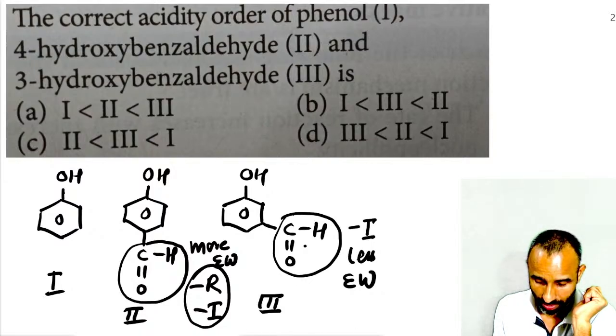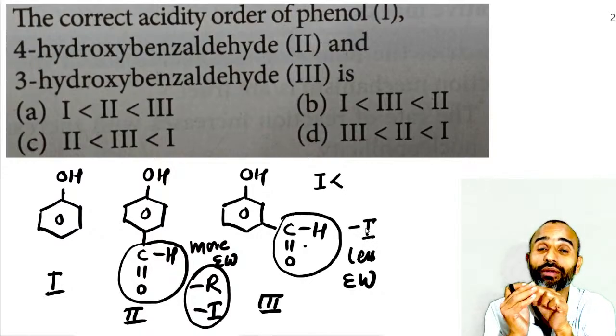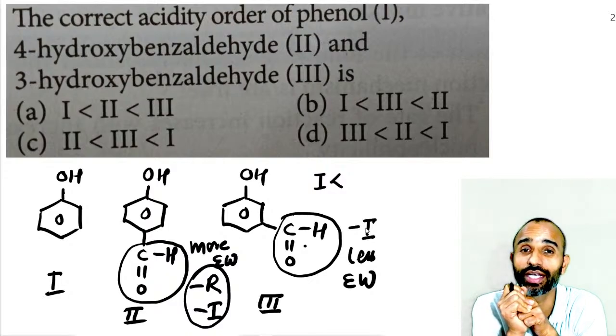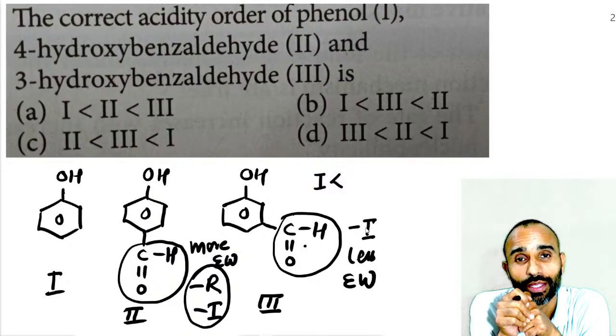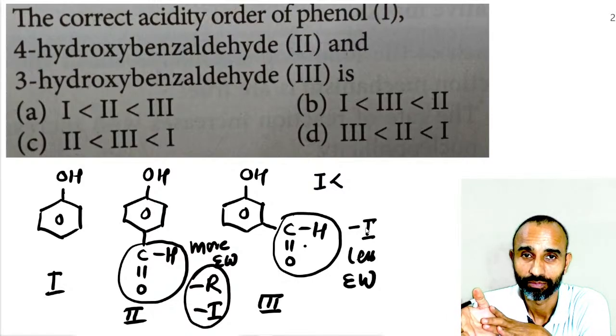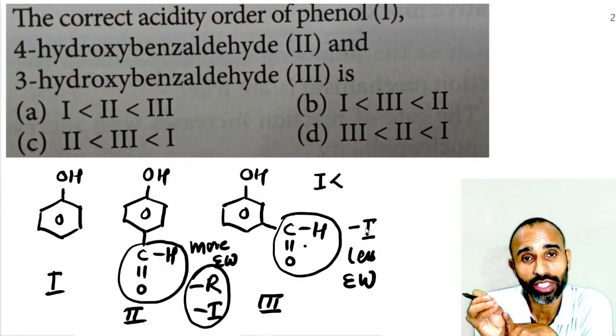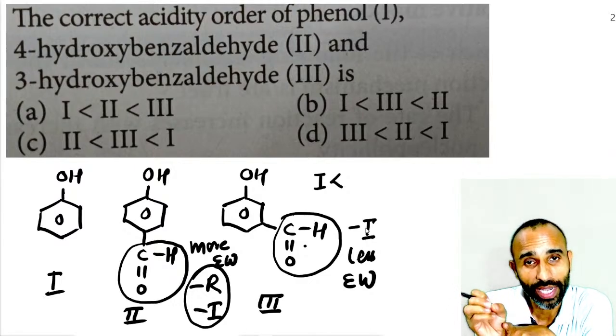And the third option, I guess also the minus I group is closer to the OH. Yes, but when we have resonance and inductive both, resonance is always dominating over inductive effect. No doubt minus I effect of meta CHO is more than minus I effect of para.